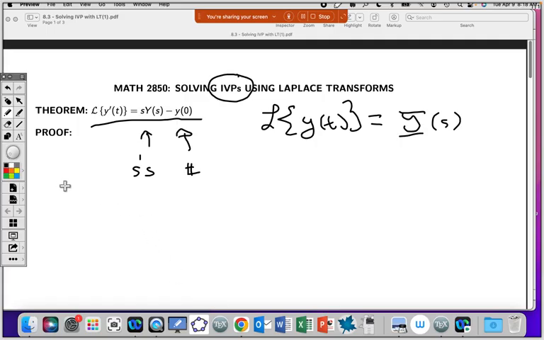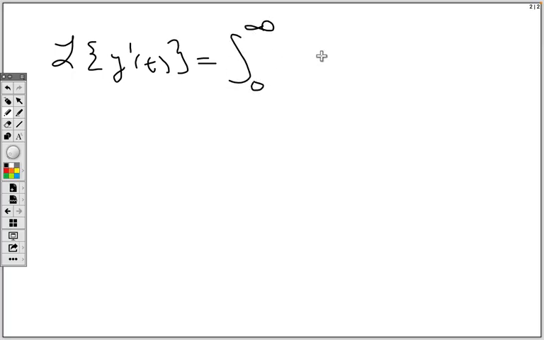So how does this work? Well, anytime we go back to try to prove a property of the Laplace transform, we're going to go back to the definition. So if I look at the Laplace transform of anything, by definition, it's the integral from 0 to infinity of that thing times e to the minus st dt.